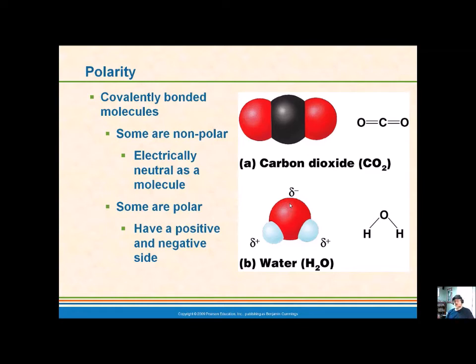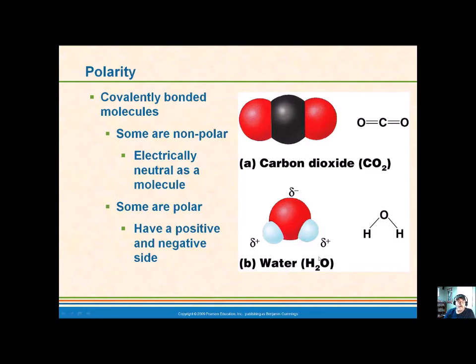As a result, one side or another of the compound that is formed ends up having a slight positive or negative charge. And an important one that does that is called water. It's got a great big oxygen atom and two small hydrogen atoms, and the hydrogens just don't keep hold of the electrons as long as the oxygen does.